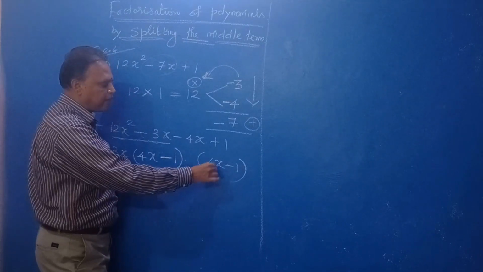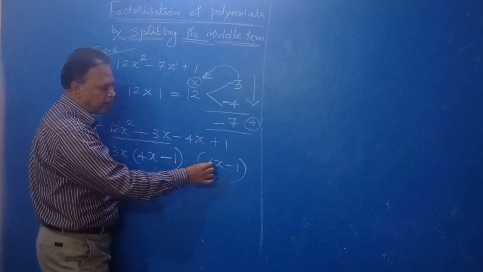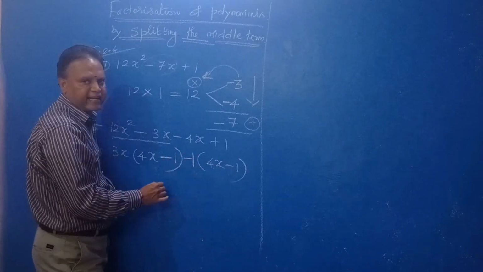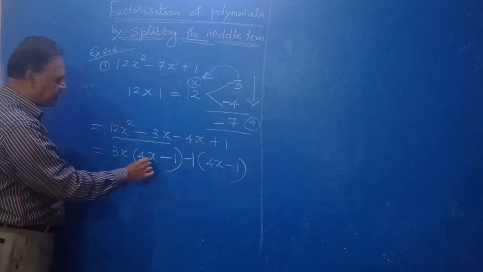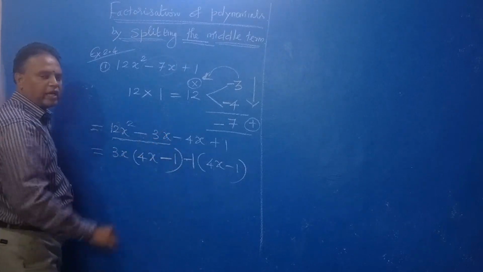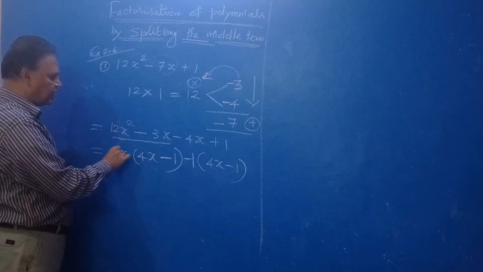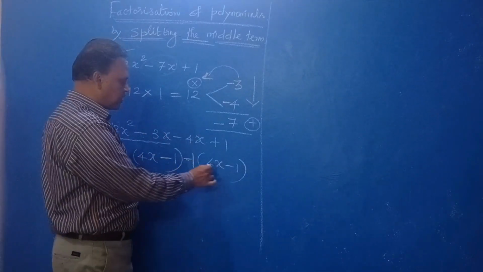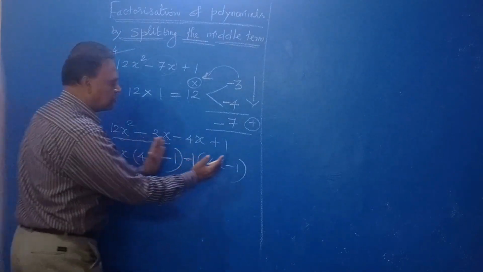You give a number so that when you multiply you get the previous term. Here there is minus 4x, so minus 1 is the correct number. Multiply and check whether you are getting the terms correctly. Now that is one term and this is another term.